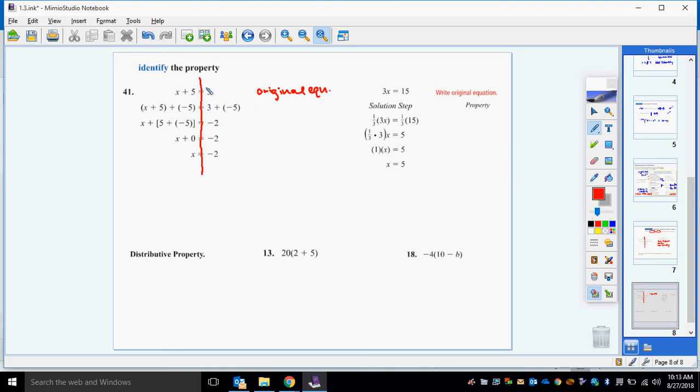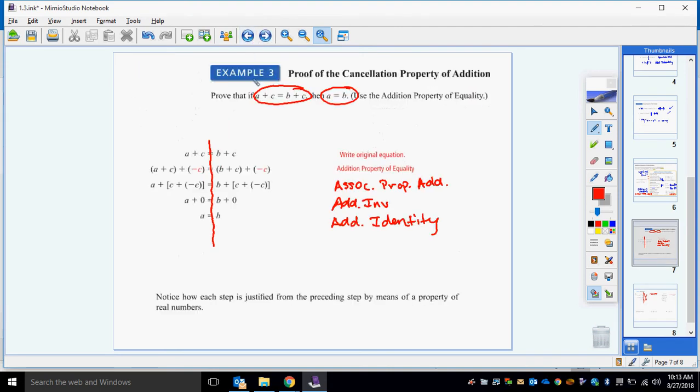Folks, when you're doing this, you can pretty much just ignore one side. So how do we get from the top line on the left to the second line on the left? Well, what's different? I still have an x plus 5 in both of them, but what did they add? Oh, they added something. So what's that called when we add something to an equation? And you can go back, we did it here. We added something.